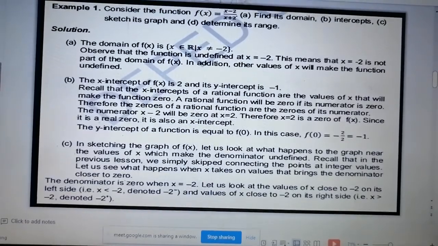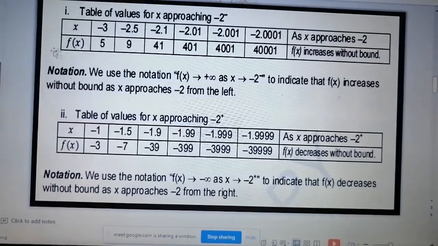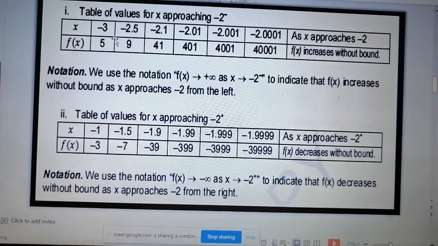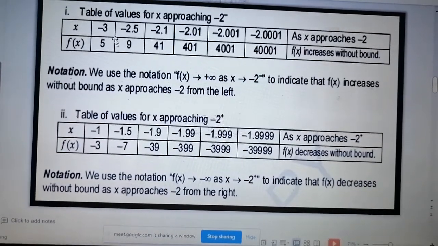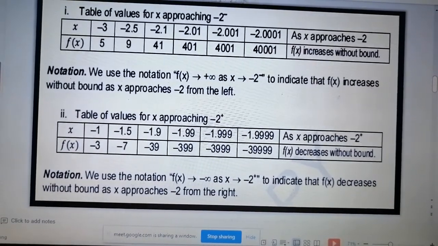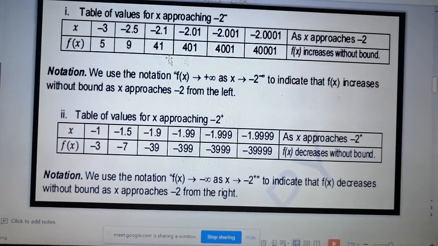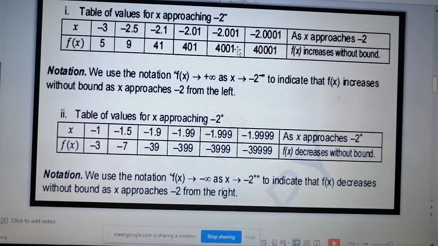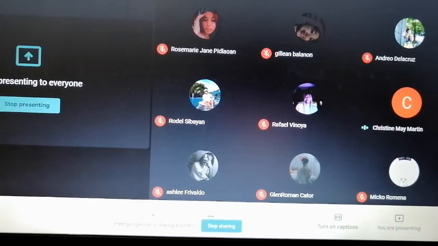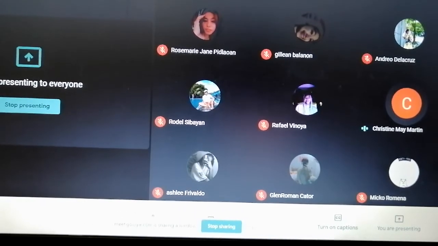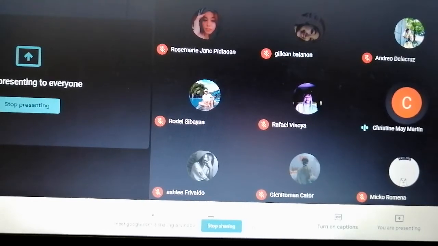Then, ipalit nyo yung negative 3 sa x. Negative 15.